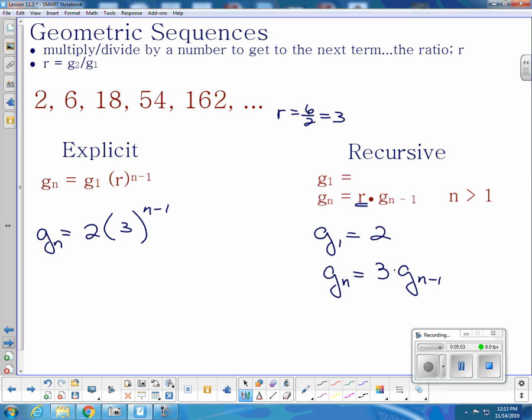So if I were describing this sequence to somebody, I'd say I'd start with a 2, and then you keep multiplying every term by 3. Multiply by 3, multiply by 3, multiply by 3. We good?